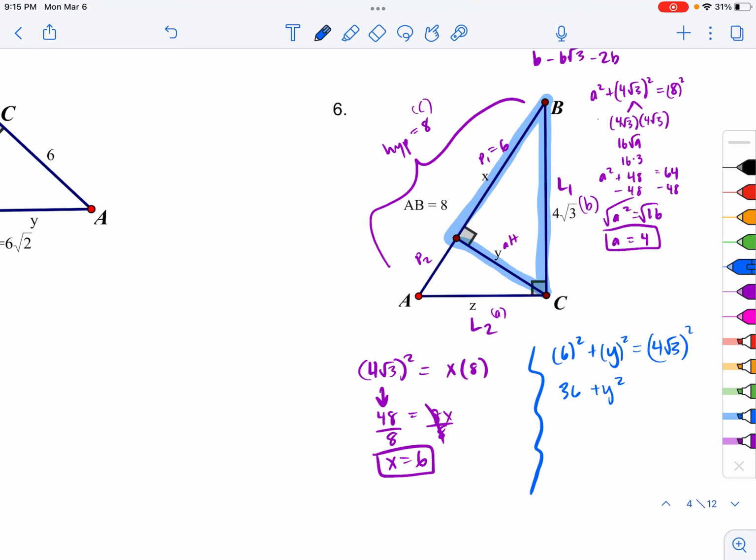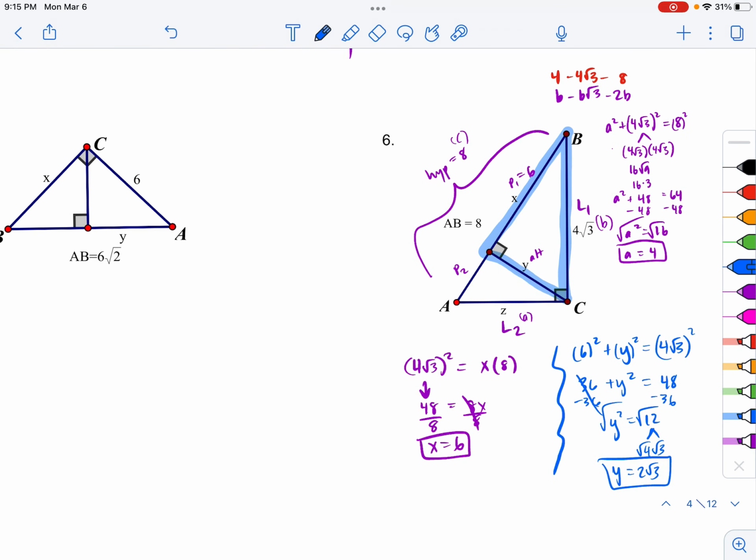Y squared is just y squared. And we know that this is 48 because we've done it twice now. Subtract 36. We get y squared is equal to 12. Square root both sides. This breaks down to root 4 root 3. And we should get y is equal to 2 root 3. So there's our altitude. Okay?